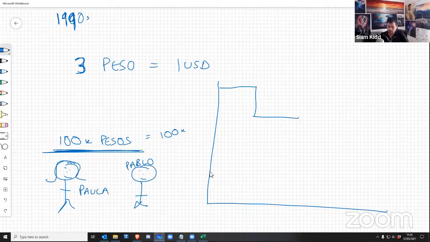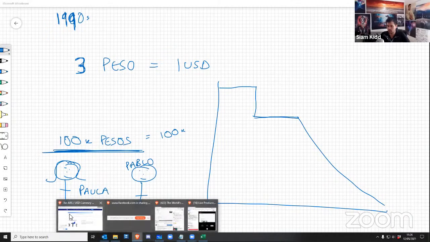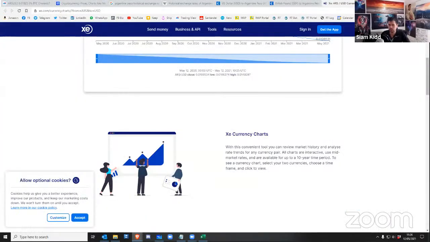And this didn't stop. Every economic advisor and financial advisor said, "Oh no, this is fine. It will be right." And then what no one saw back then, well, not the establishment, was that the Argentine peso just kept on devaluing. Where is it now?